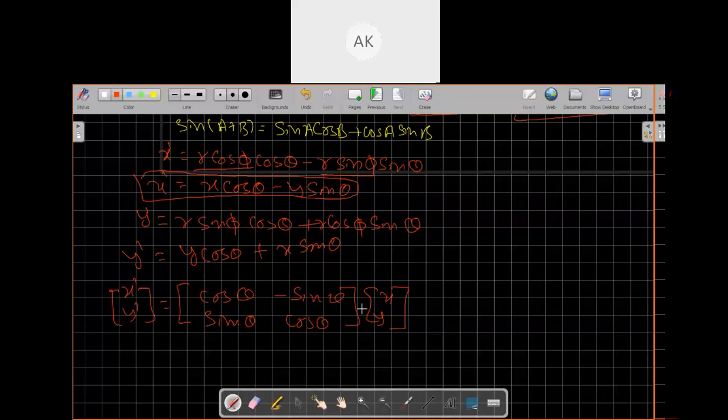If the rotation direction is not given, it is considered anti-clockwise by default. If the object is rotating clockwise, they will mention that we are rotating our object clockwise. When it's given clockwise, we change the sign of your angle, meaning minus theta, and then the remaining formula is the same.